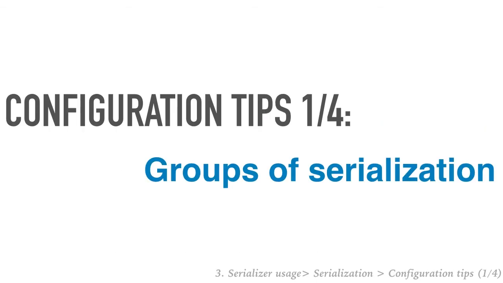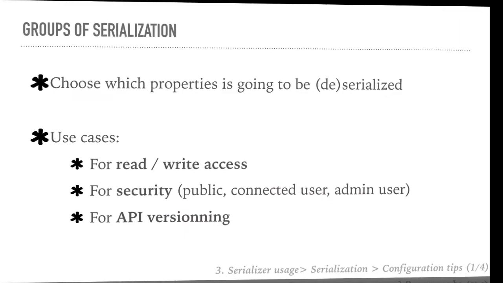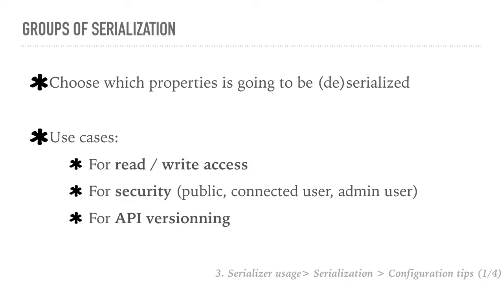So first, serialization groups. Really useful when you want to choose which properties you want to serialize or deserialize. Okay? So in our case, we just want to make sure that we don't send information such as passwords, okay? Or other stuff.